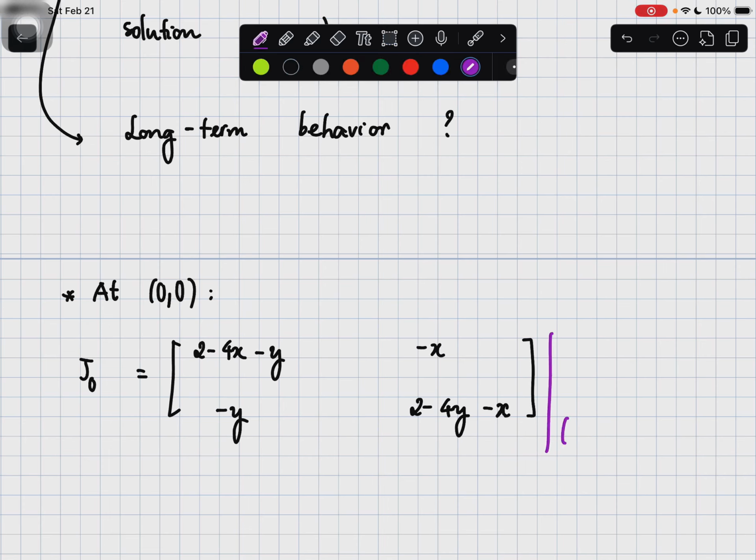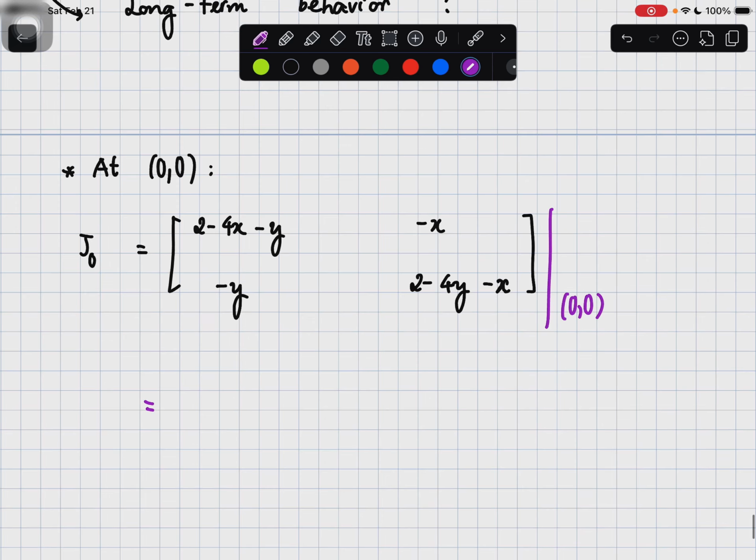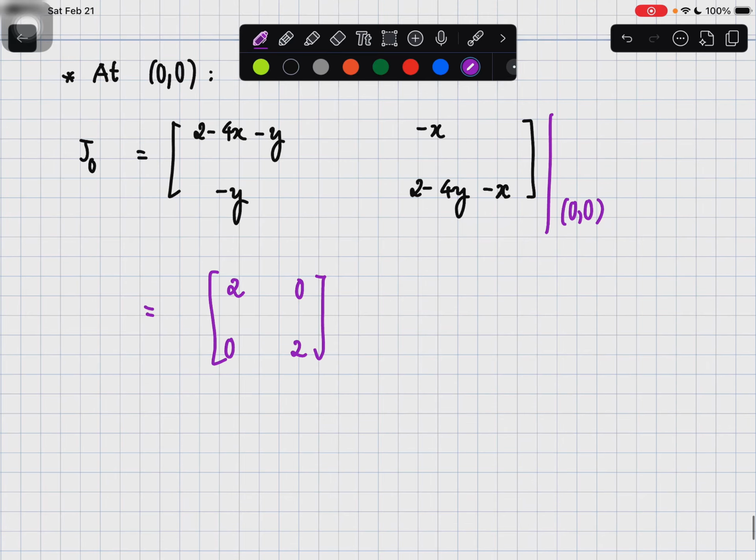We let x equal to 0, y equal to 0. You have 2, 0, 0, 2. So in this case, we have a diagonal matrix, so we know immediately the two eigenvalues. Lambda 1 equal to lambda 2 equal to 2.